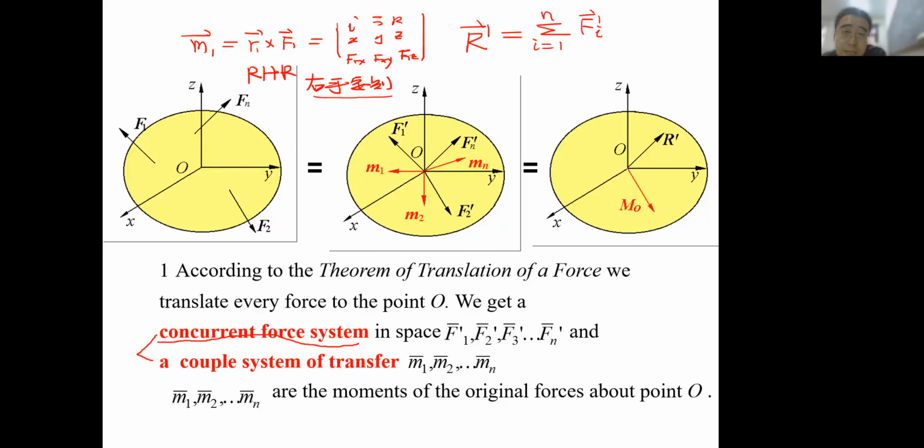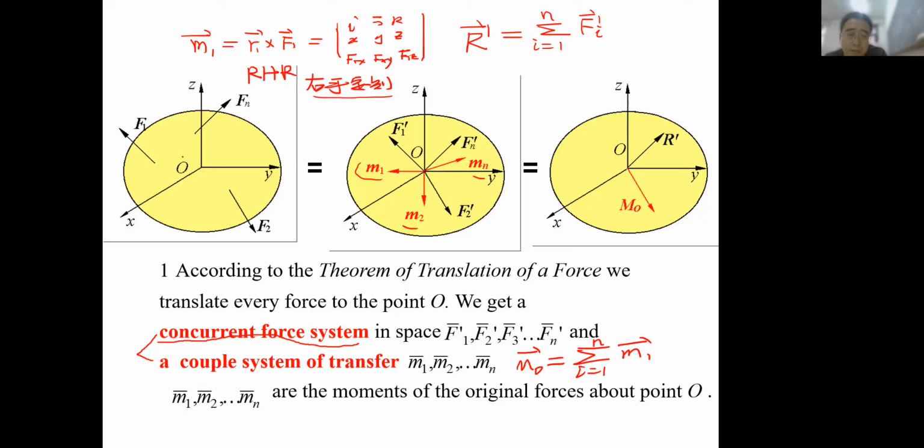So you can see this M1, M2, until Mn, just use the right-hand rule. It's another kind of vectors, concurrent here. So our final result also can use only MO. So this MO is the sum from i equals 1 to n of Mi.